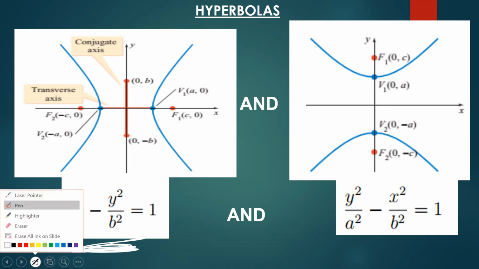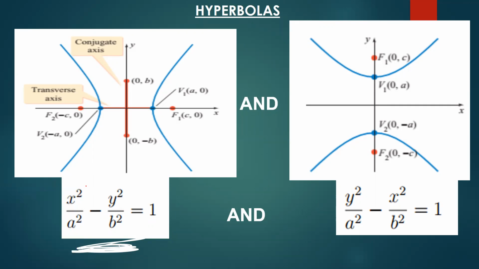If the first term has x squared, then you conclude that the curves are going to face in opposite directions, but along the x-axis. Then if you find the y term is the one that is positive or is the first term, then you conclude that the curves will be opposite and directed along the y, meaning you have something like this.